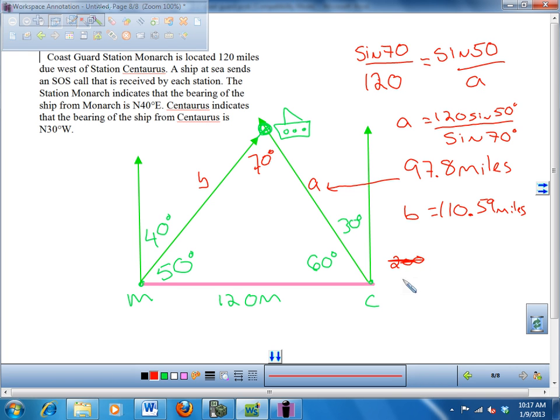Well, you want to do 200 miles an hour divided by 97.8 miles, right?